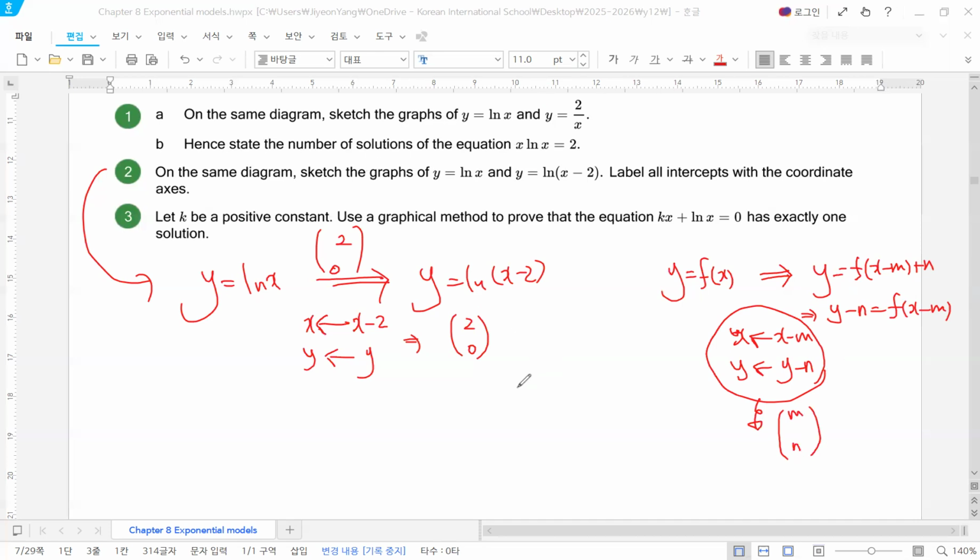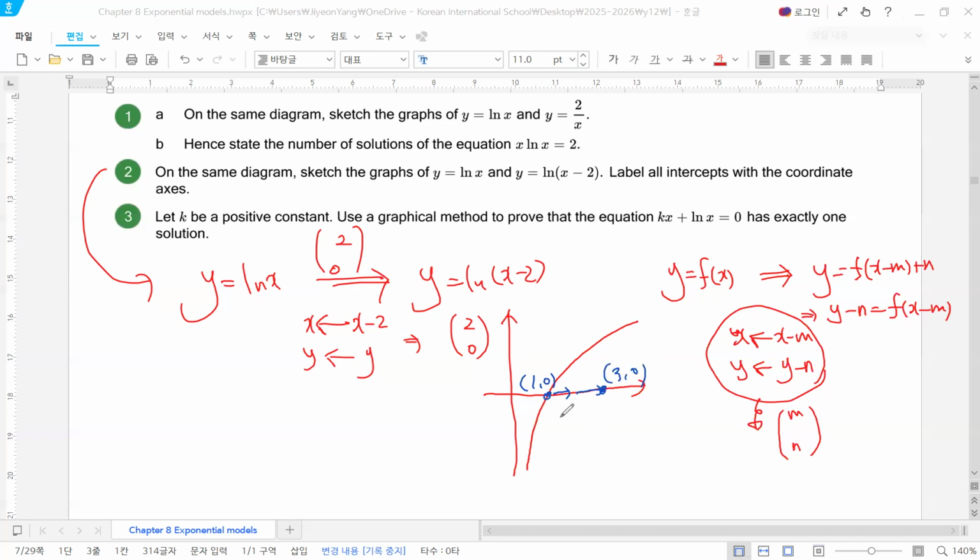So basically it means that from the ln x graph, which is in this shape, you can translate it along the x-axis. How many units? 2 units. So since this one is (1,0), it's going to be translated 2 units, which is (3,0).